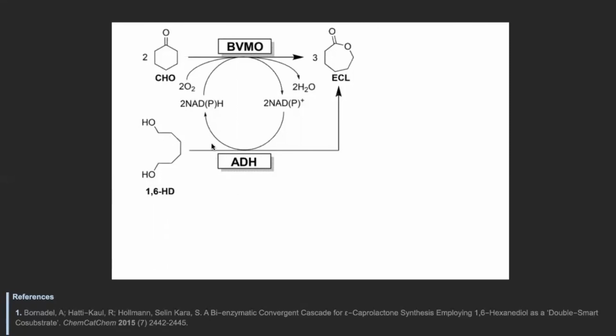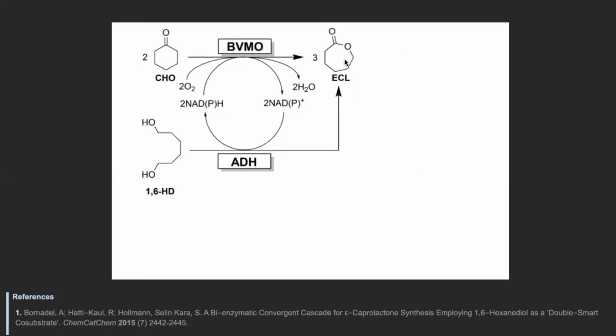An ADH converts the hexanediol into caprolactone, and meanwhile provides the NADPH for the BVMO, which can then transform the cyclohexanone to caprolactone.